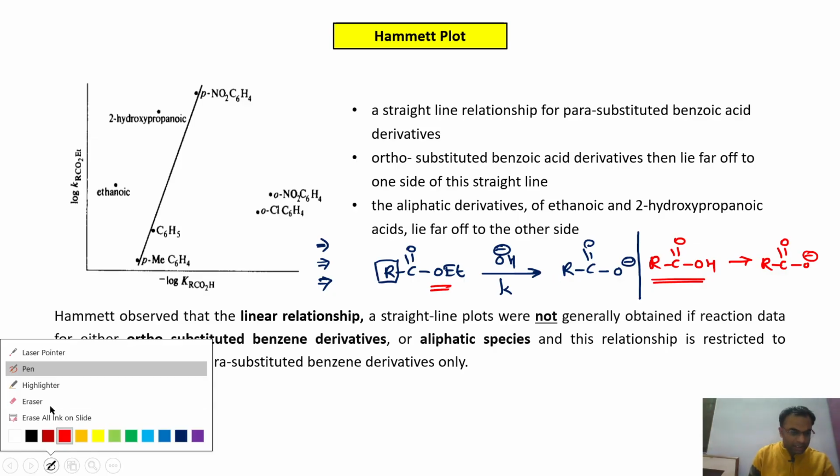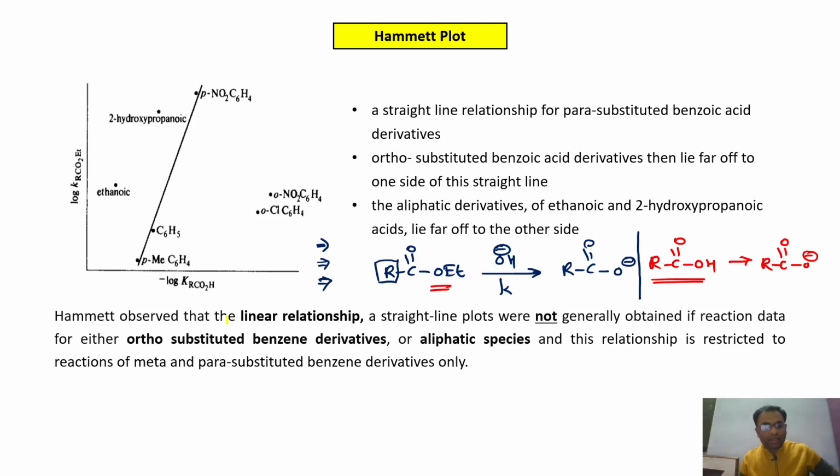But this time the results obtained were not encouraging, as in this case only some of the ethyl esters appear on a straight line, but ortho esters as well as aliphatic esters appear out of the straight line, lying far apart from it.